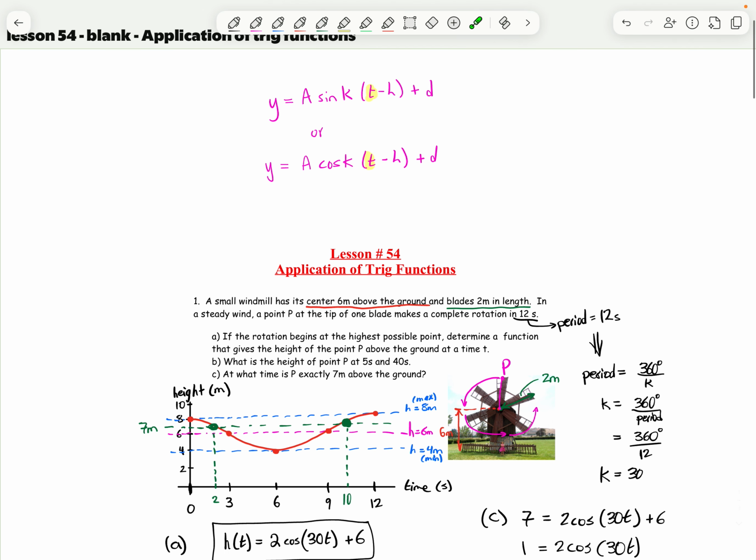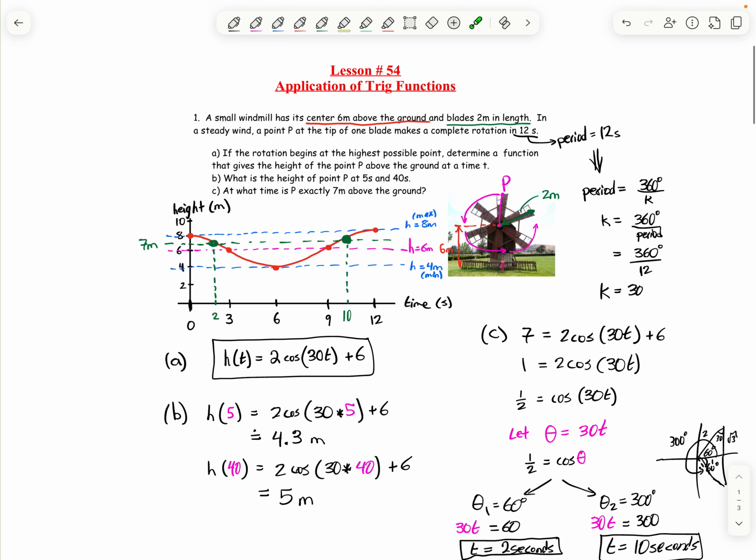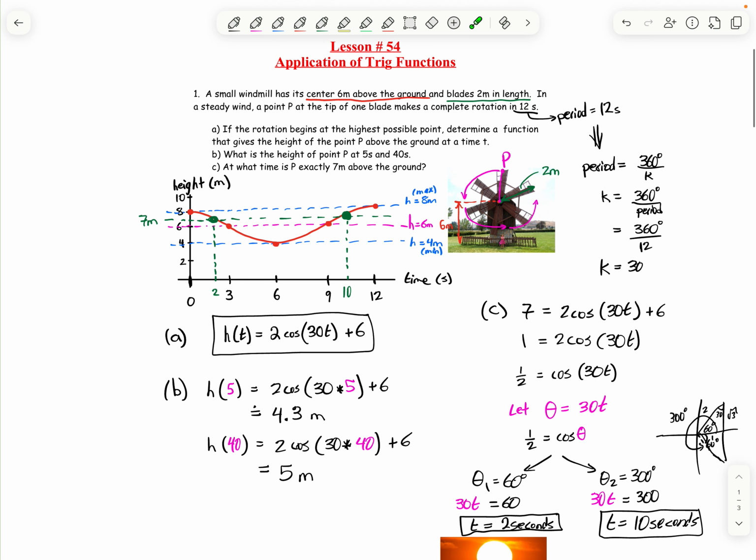Okay, so let's jump right in and look at this first problem. This one we solved in class, so let's take a look at it again together. It's a windmill problem. Problem 1 says a small windmill has its center 6 meters above the ground and blades 2 meters in length.